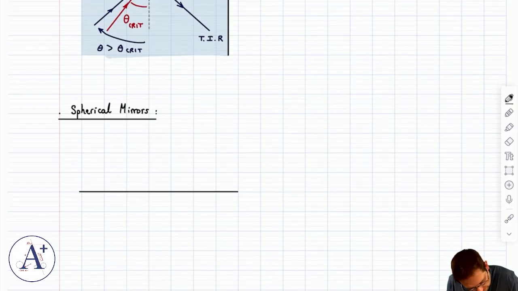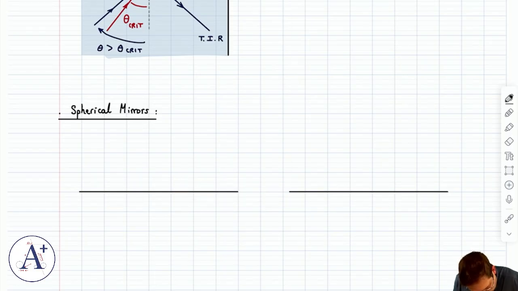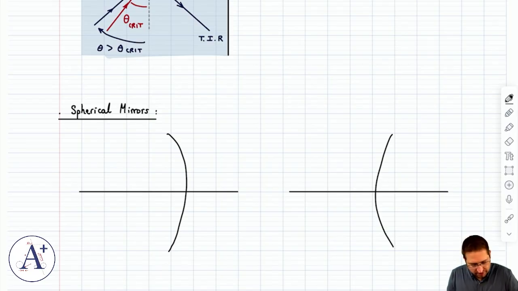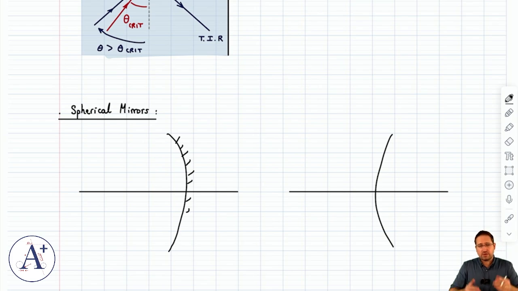Now what you're going to see, more likely than not, is people draw concave mirrors like this and convex mirrors like this. Maybe they do this to indicate the back of the mirror. In truth, we should be drawing a piece of a circle to represent the fact that these are spherical mirrors and we sliced off a piece of a sphere.